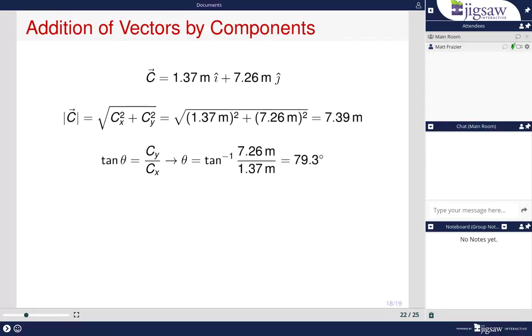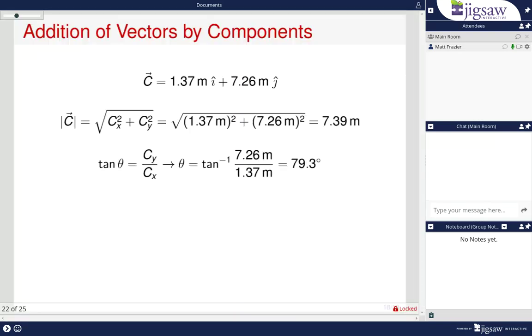And so that's the process in which we do these problems. All right, let me type up our process. The first thing we do is draw a picture.